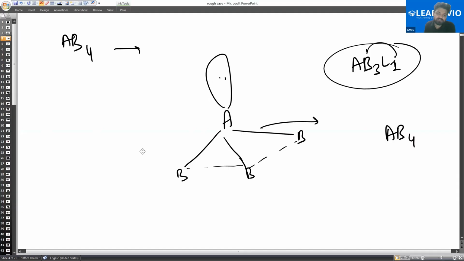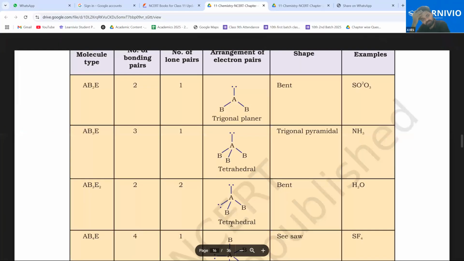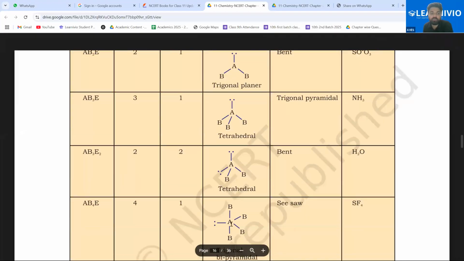Next type of molecule is AB3E, one lone pair. Actually, it is AB4. Add E to B and we get AB4.